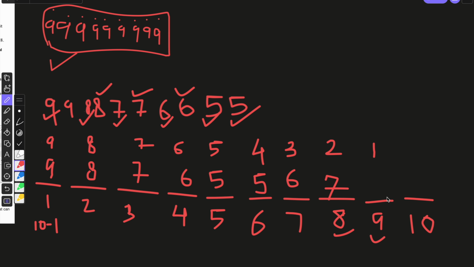It is 6, so we fill 6 here. At this position we need 2, and the next greater element present in the array is 7, so we fill 7 here. At this position we need greater than or equal to 1, and the next greater element is 8, so we fill 8 here. And at the last position we need greater than or equal to 0, and we have the number 9 here, so we fill 9 at this position.